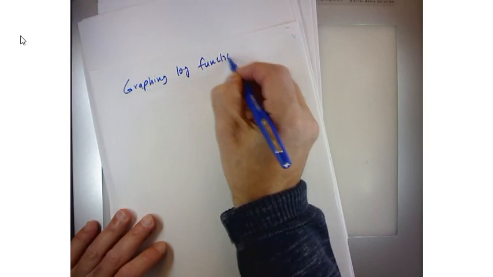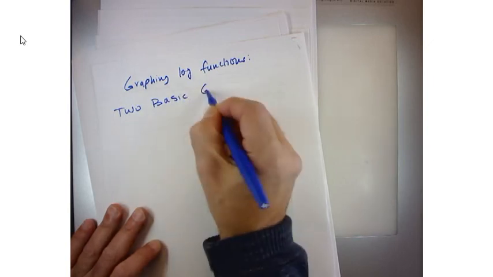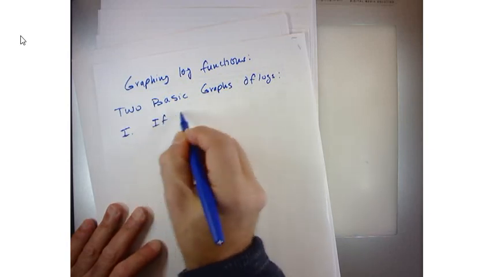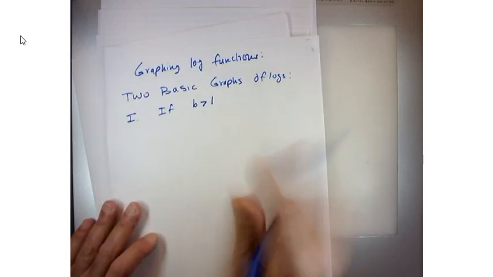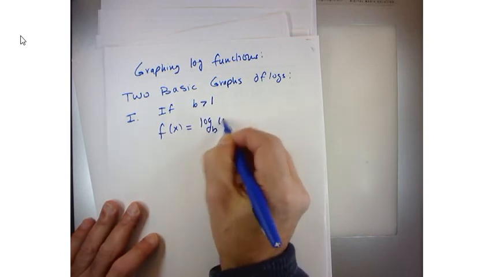Graphing log functions. So there are two basic graphs of logs, just like exponentials. The first one, if the base is greater than 1, so we're doing f of x equals log base b of x.